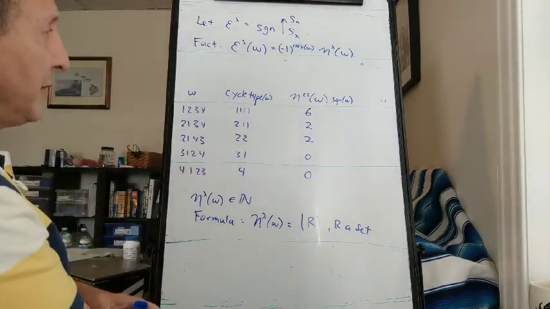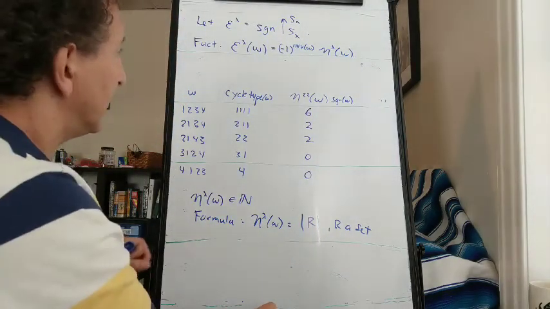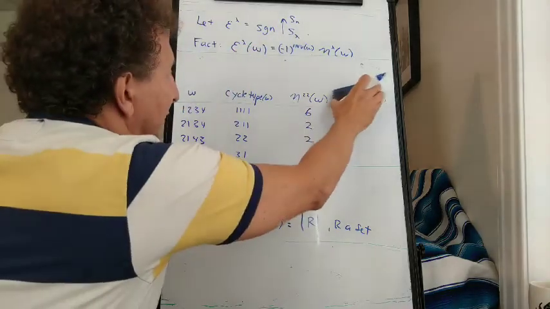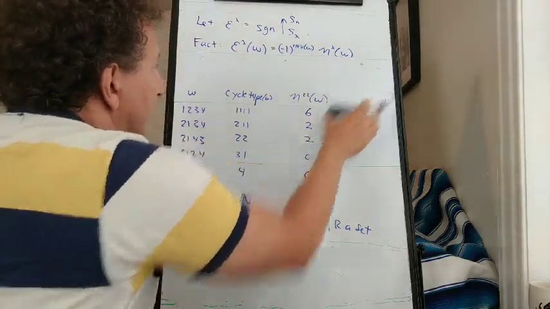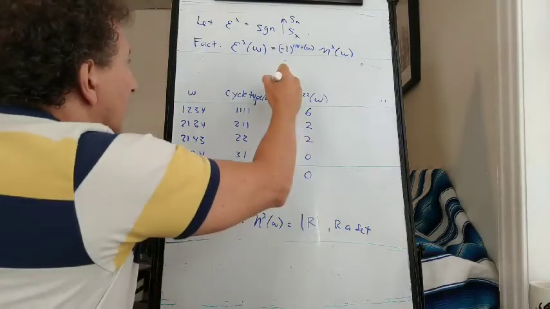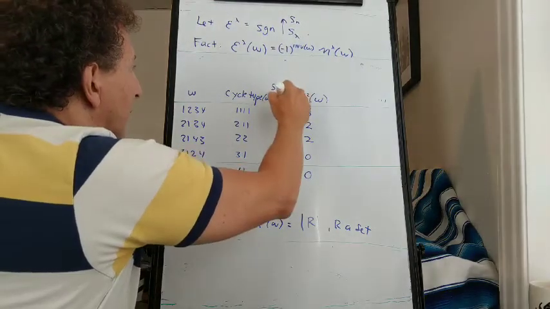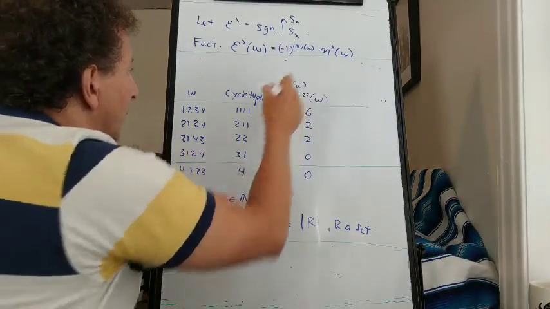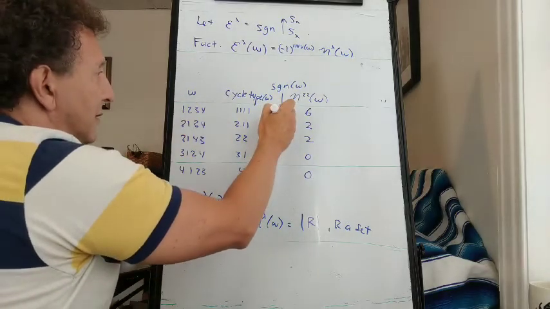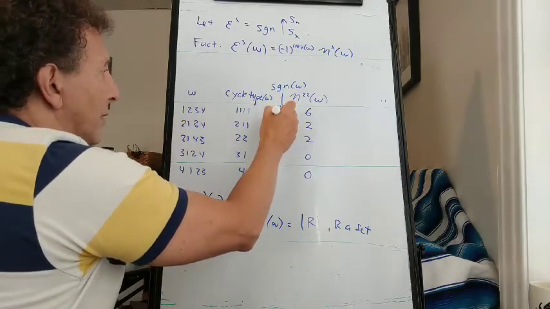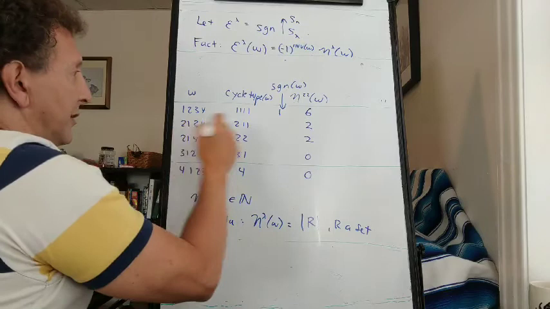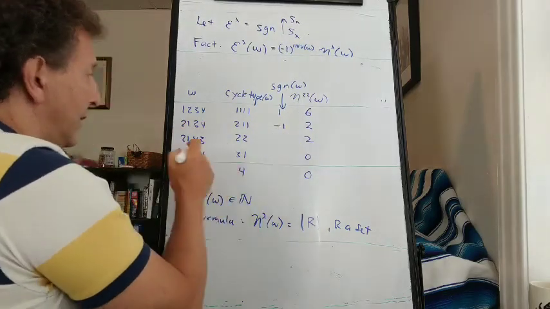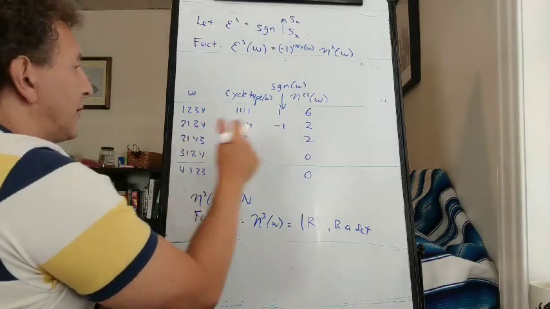So let's put the sign of W, actually let's stick it in here because there's lots of room. So the sign of the identity permutation is 1. The sign of generator (2, 1) is -1. The sign of S1, S3 is 1.